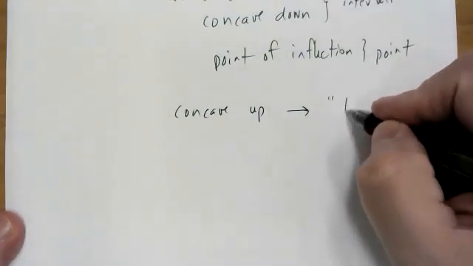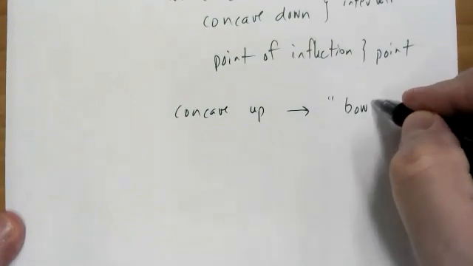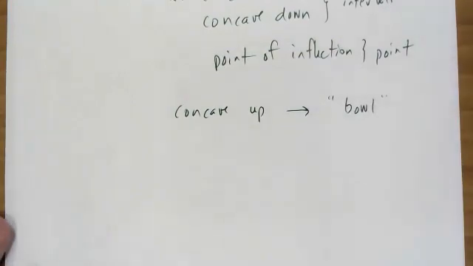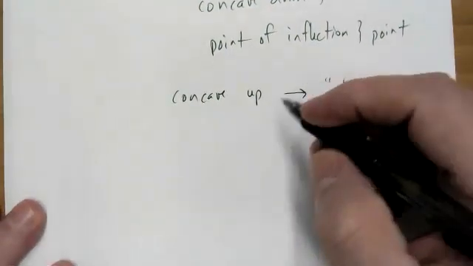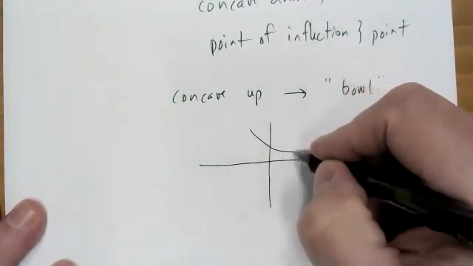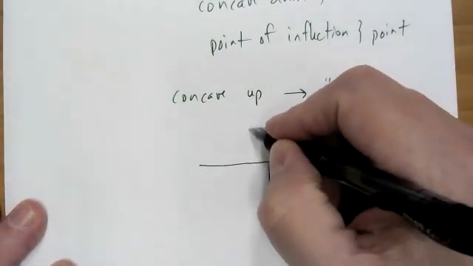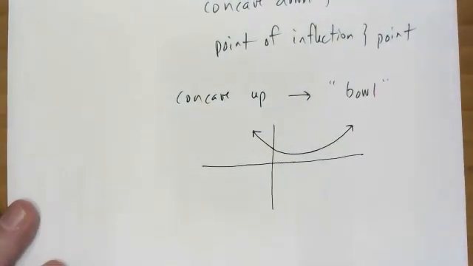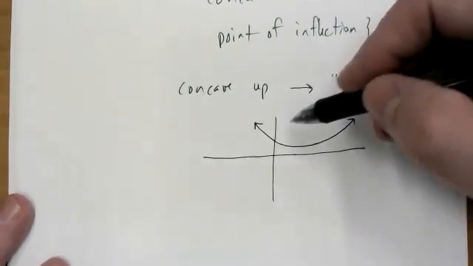Concave up is in the graph when the graph looks like a bowl. Say I have the graph of a parabola.